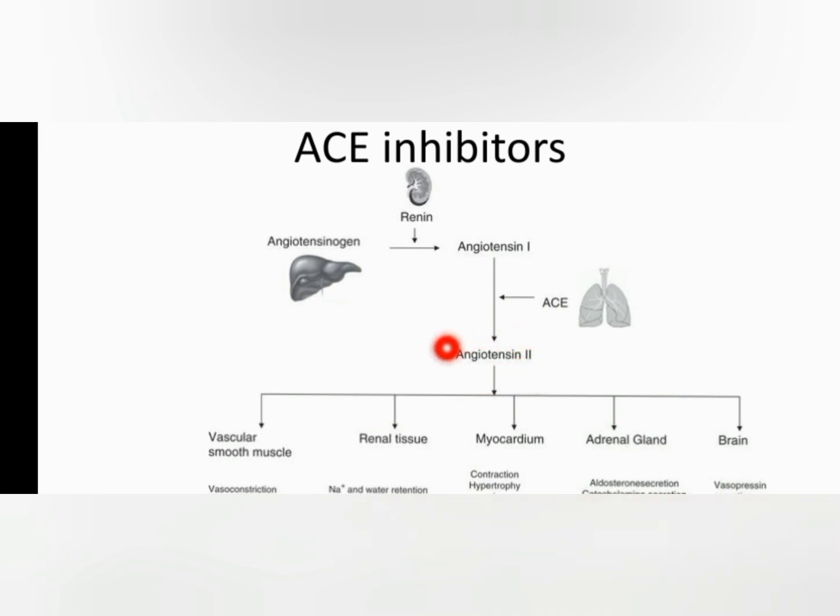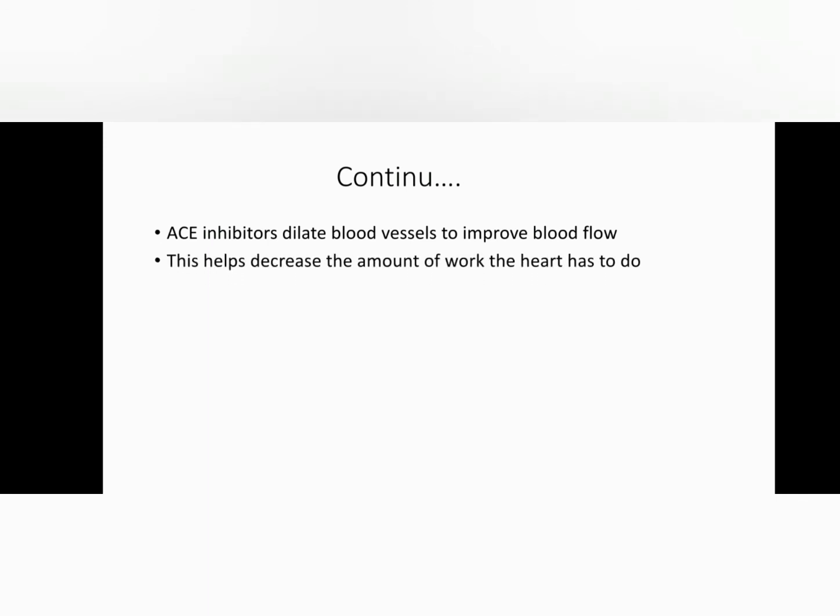This will help in regulation of hypertension or BP, which will help in slowing the progression of chronic heart failure. As I previously said, angiotensin converting enzyme inhibitors dilate blood vessels to improve blood flow. This helps decrease the amount of work the heart has to do.